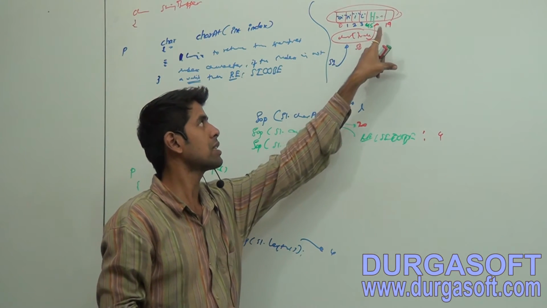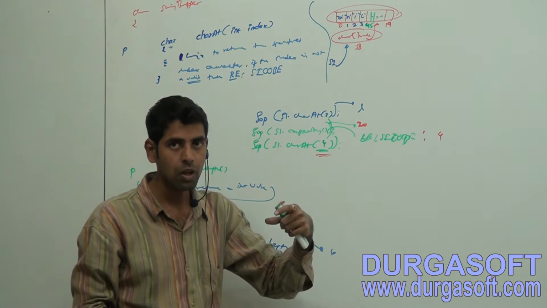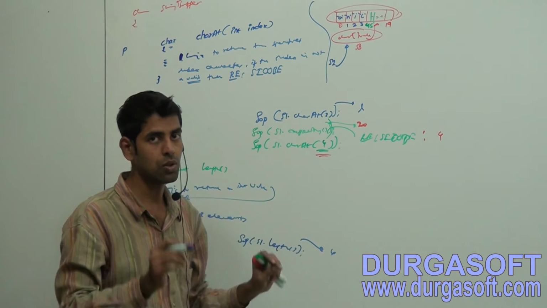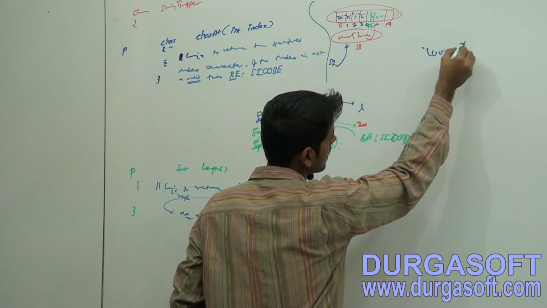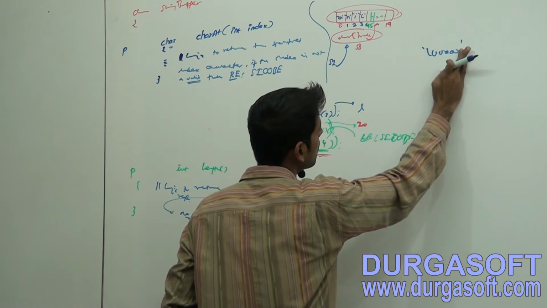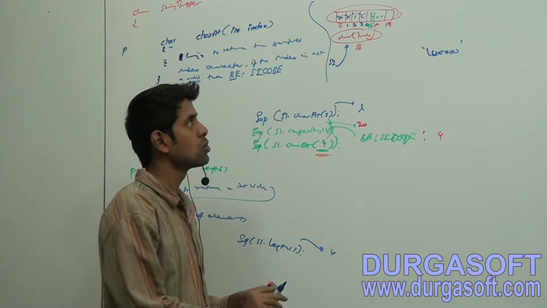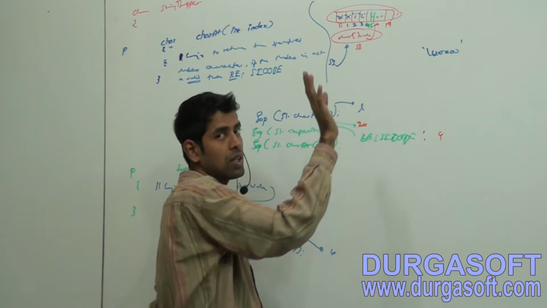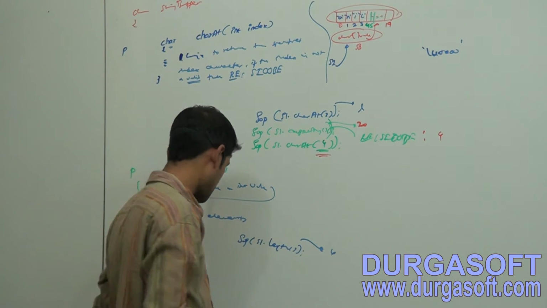And the remaining blocks have default values. What are those default values? Null characters. In these blocks you will have null characters. Observe, very specific thing.